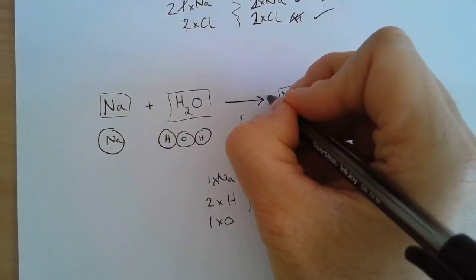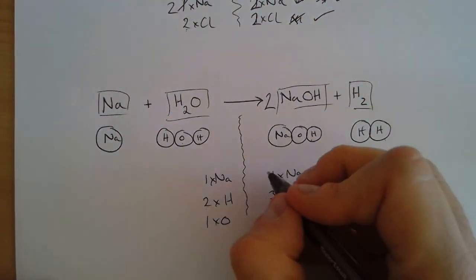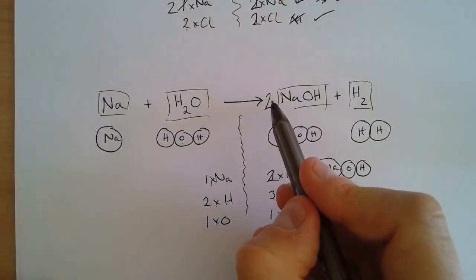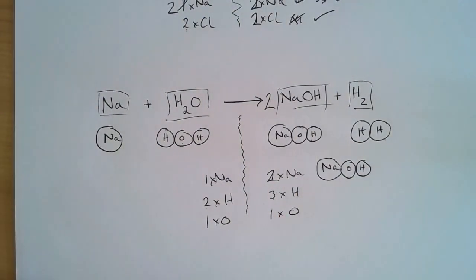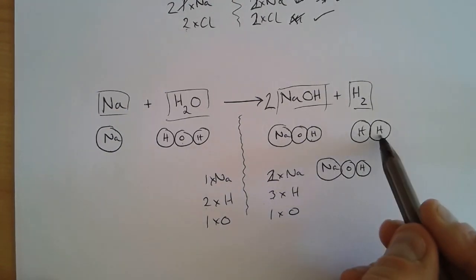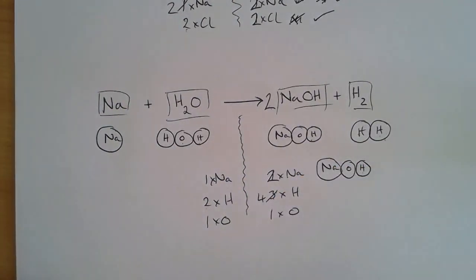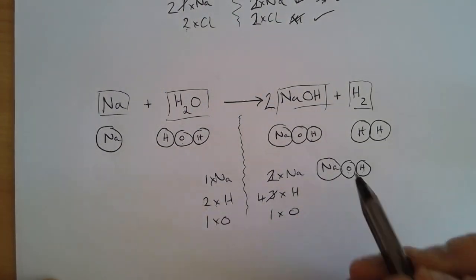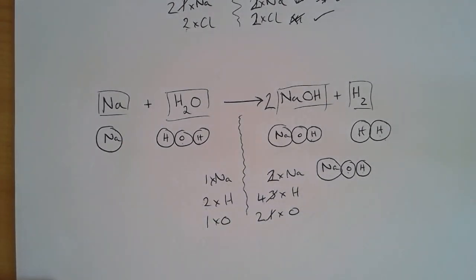So that means putting a 2 in front of here. What that has done is means I've now got 2 Nas because everything inside this box has been multiplied by the big number here. I've now got 1, 2, 3, 4 hydrogens. Hasn't really helped, but I've got these to numbers that are divisible by each other. And I've got 2 oxygens, like that.